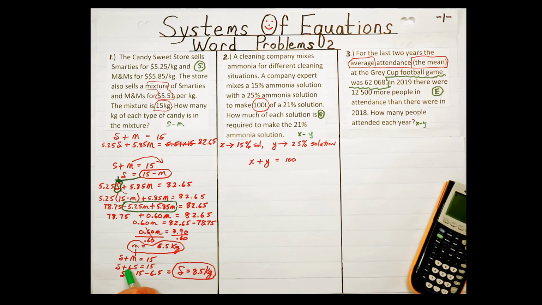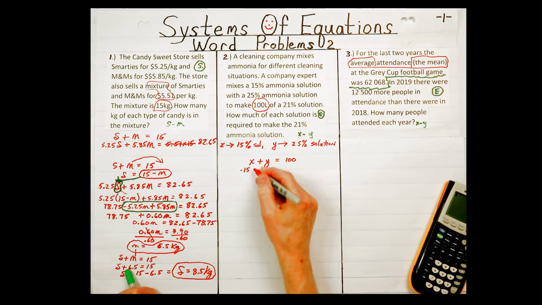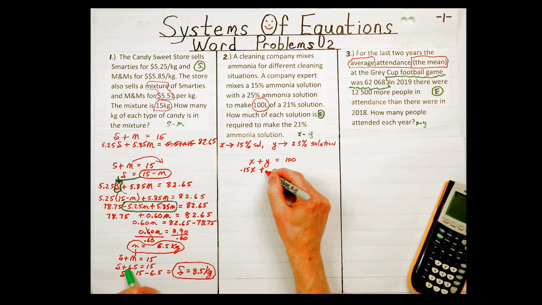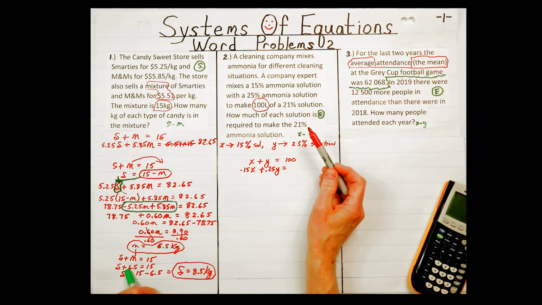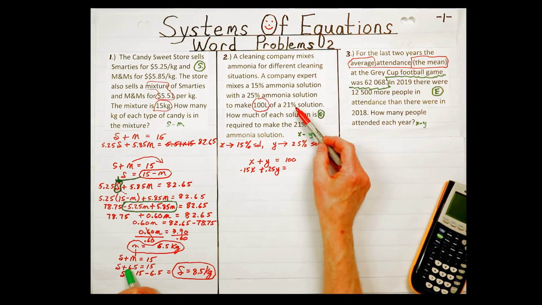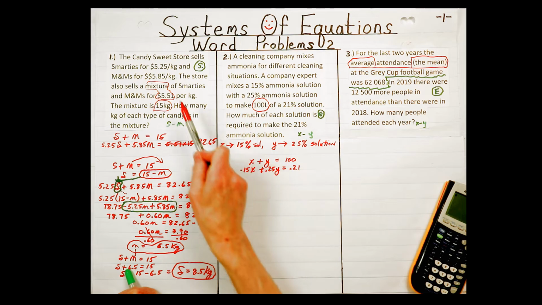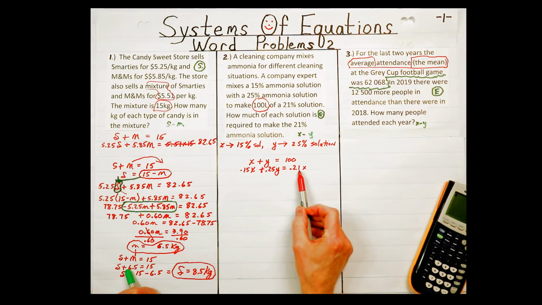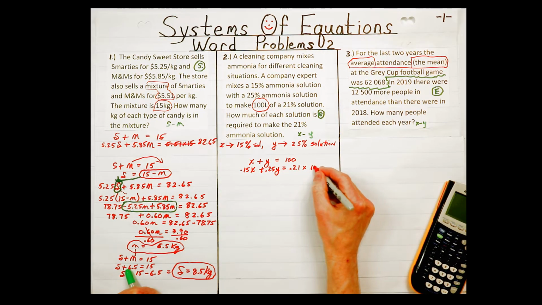Now 15%, when you use it in an equation, it's going to be decimal 15 x plus decimal 25 y, and it's going to be equal to, it says 21%, but just as in the previous question with Smarties and M&Ms, we have to multiply here because 21% doesn't represent a number of liters, so we have to multiply 100 times 21%.